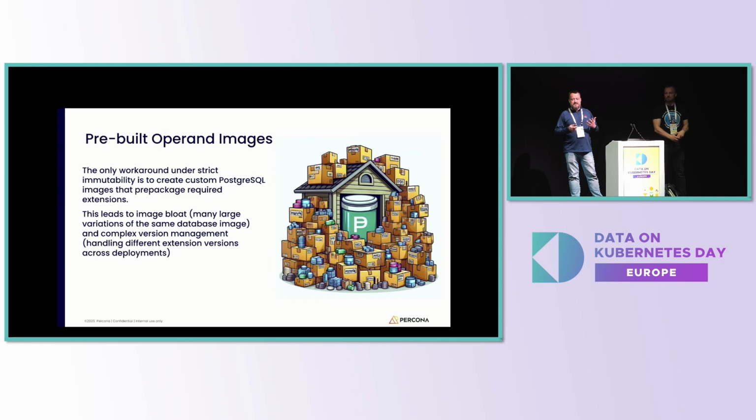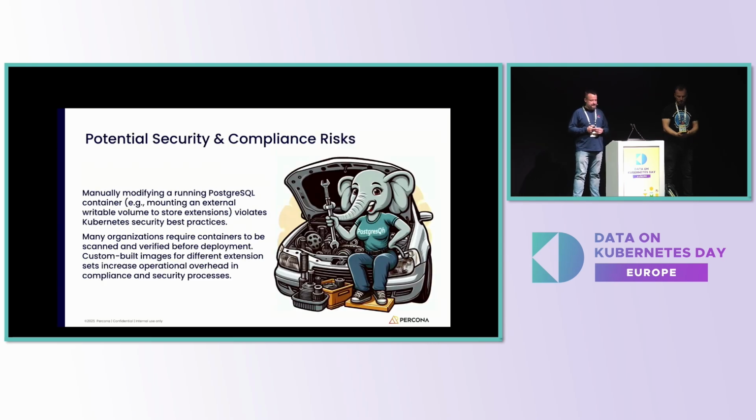So it kind of looks like the only reasonable workaround, but this leads to a huge image bloat, especially depending on the number of teams that are working and the different extensions they are using. And this introduces a huge complexity to version management, to upgrades, and basically, yeah, you need to maintain many very similar images that have just minute differences.